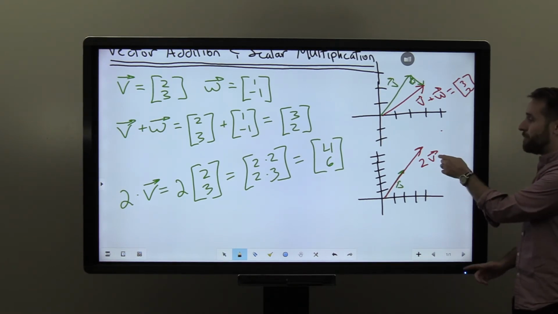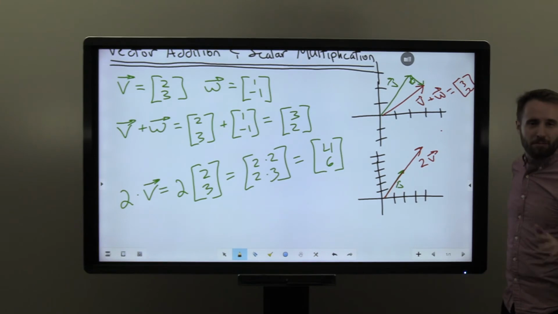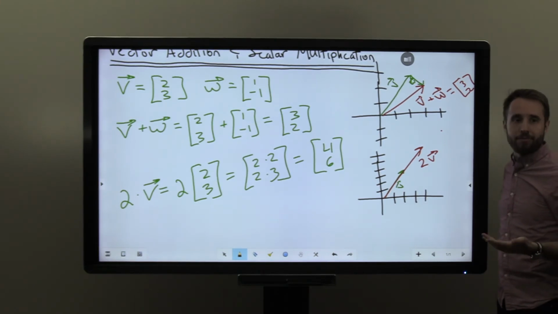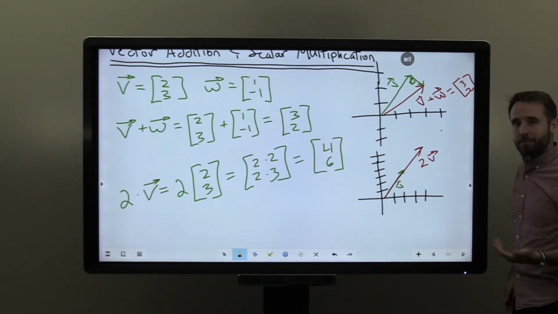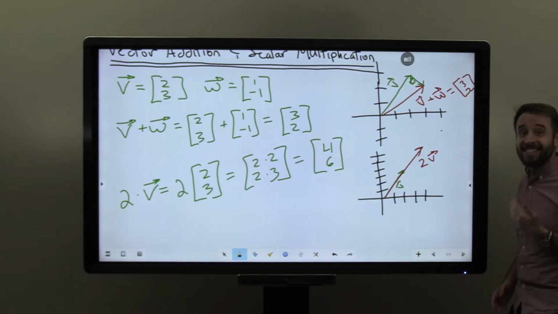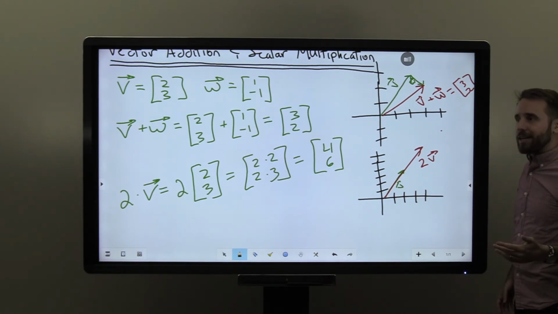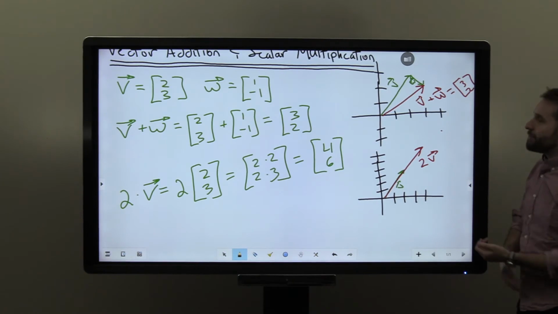For example, 2v is indeed equal to v plus v, which we would hope would be true in any algebra system that we define. So scalar multiplication actually scales or stretches the vector that's part of the multiplication, and it's one of the reasons that we call scalars scalars.